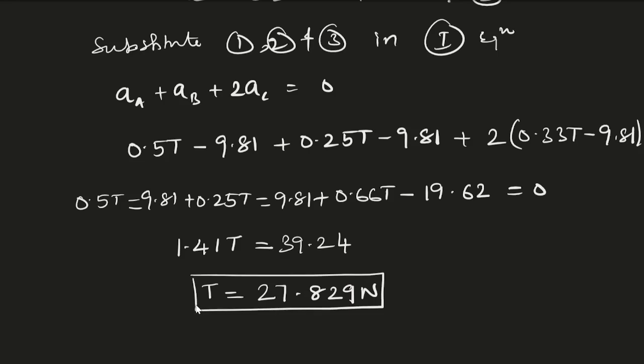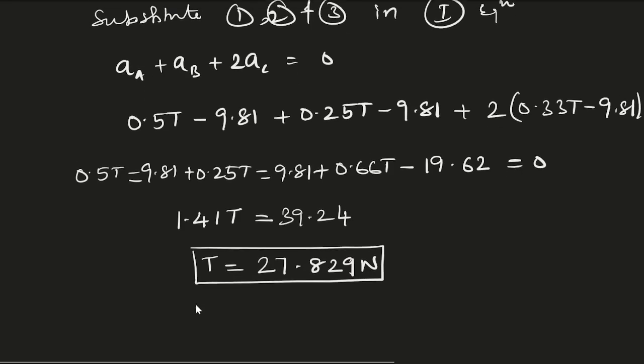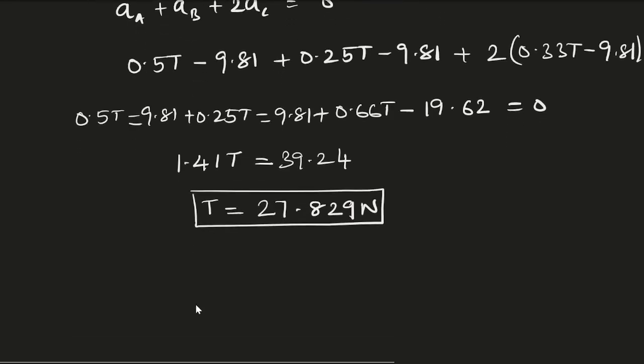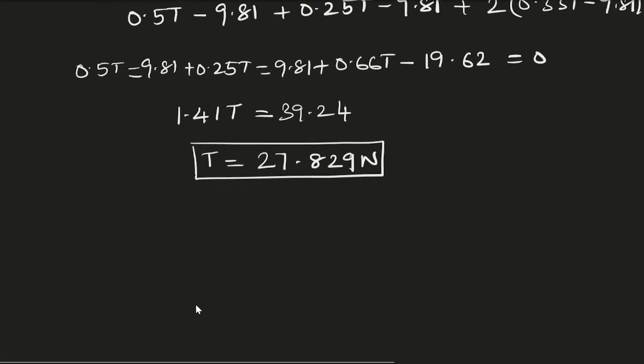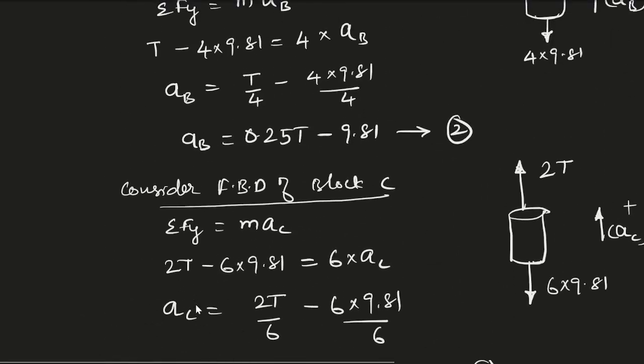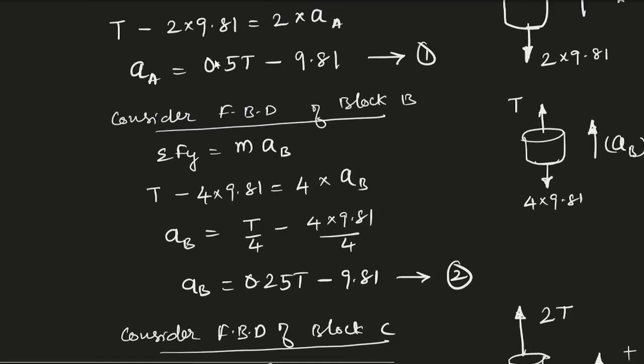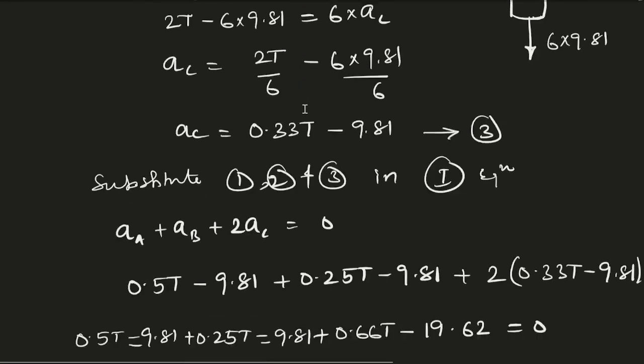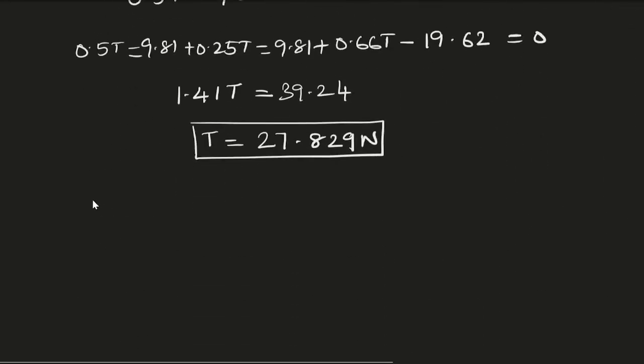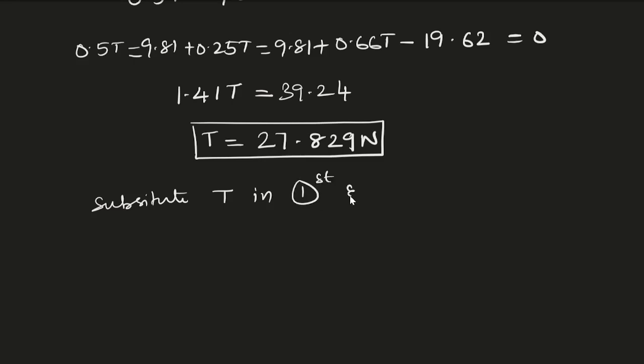Now we found out the tension. After that we have to find the acceleration of all the masses, right? From the first equation we can find the acceleration. So substitute T in the first equation.